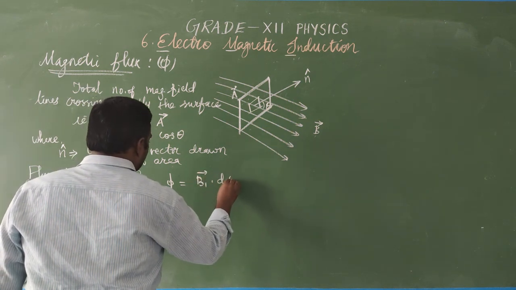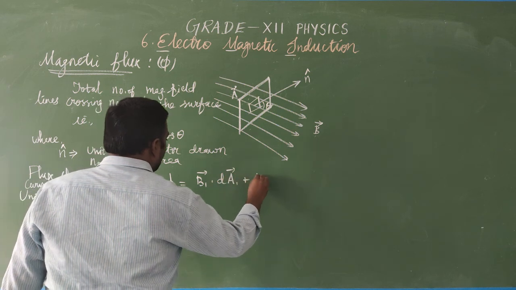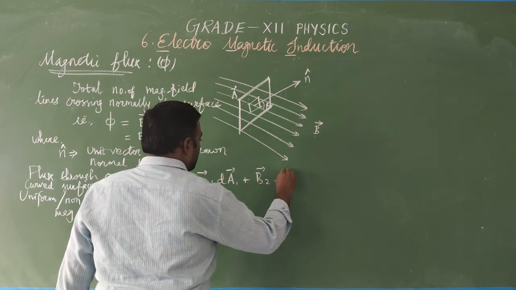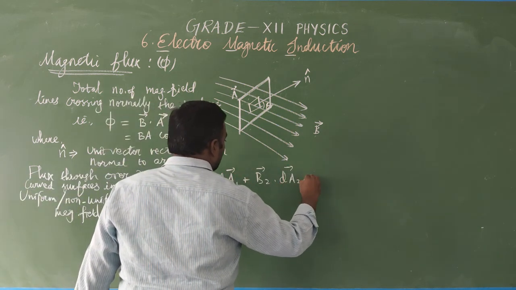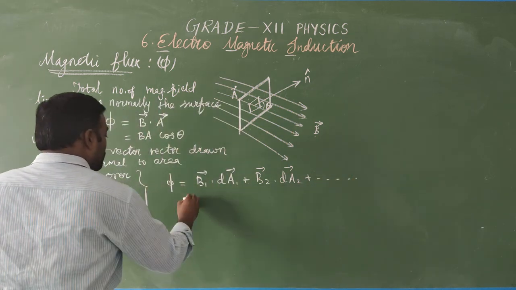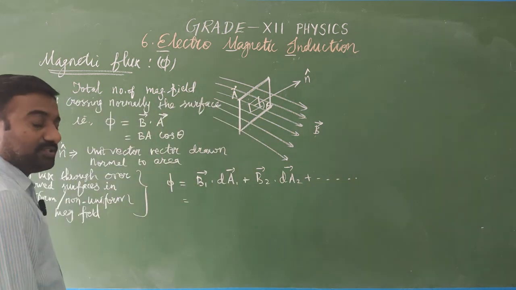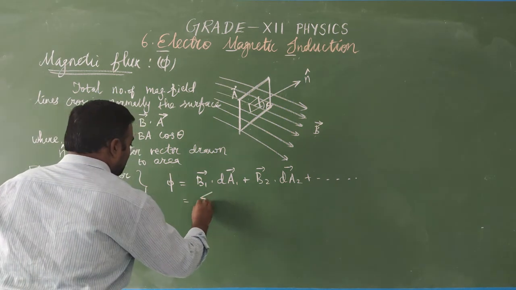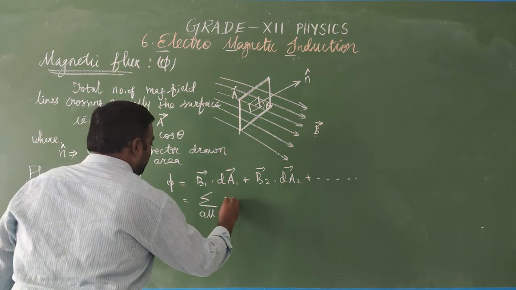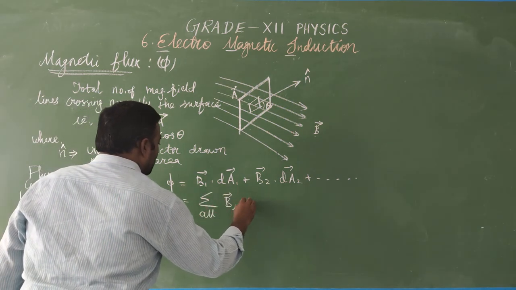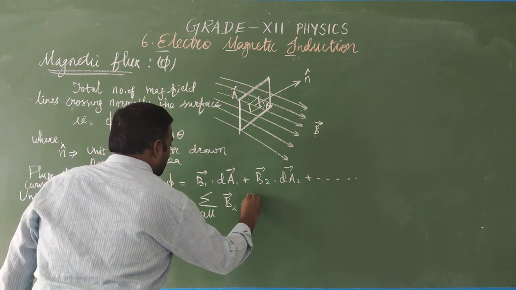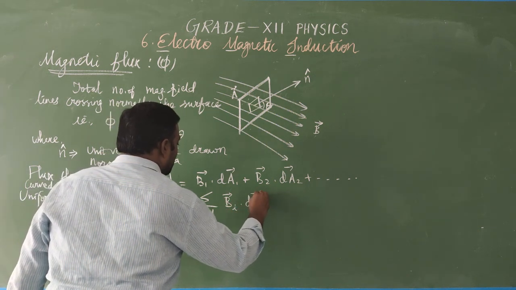The flux through the curved surface is denoted by B1 vector dot small surface area dA1 vector plus B2 vector dot dA2 vector, plus it goes on. So for the entire element the total flux is the summation of all Bi vector dot dAi vector.